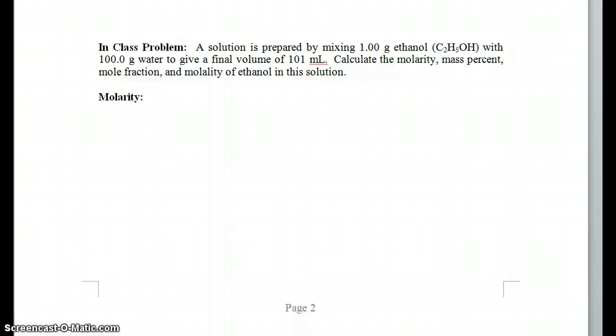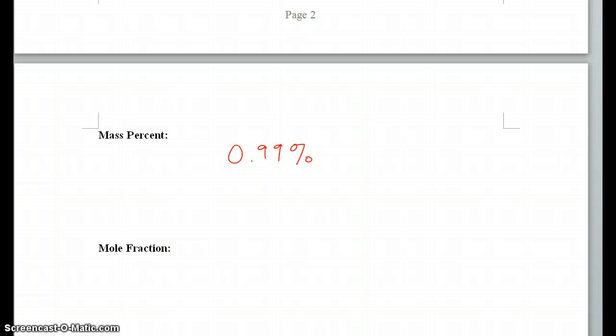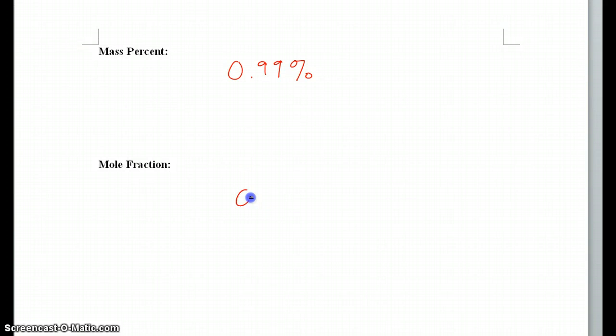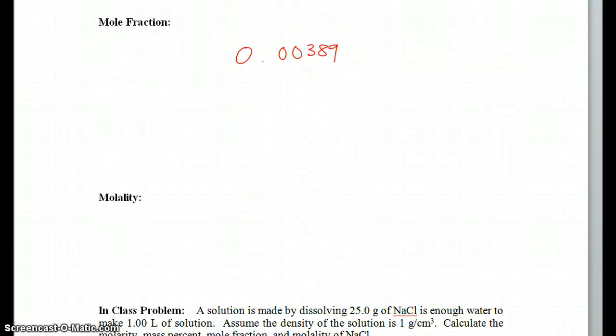Okay, so when you do that, your molarity should be 0.215 capital M. Okay, and then if we scroll down, the mass percent should be 0.99% of ethanol. Okay, mole fraction should be 0.00389. Okay, so there's no unit on the mole fraction because your units of moles cancel.